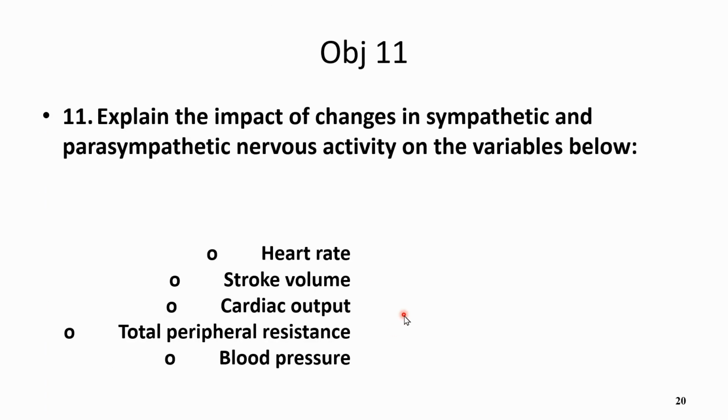Last objective here is the impact of the sympathetic and parasympathetic nervous system on these cardiovascular variables. Just to clarify again, the sympathetic refers to the adrenergic division, and the parasympathetic refers to the cholinergic division. The sympathetic is what we call fight or flight, and the parasympathetic is rest and digest. So what happens in the sympathetic?